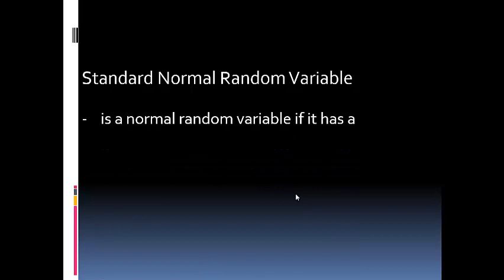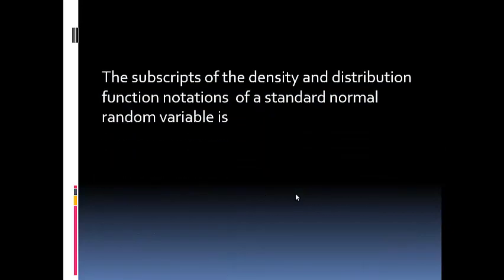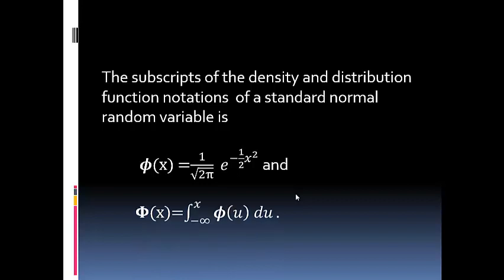Now the standard normal random variable. We can say that it is a standard normal random variable if it has a mean equal to 0 and a variance equal to 1. The notations for the density and distribution function of a standard normal random variable are: the small phi of x equal to 1 over the square root of 2 pi times e to the negative 1/2 x squared, and the big phi of x equal to the integral of small phi of u du evaluated from negative infinity to x.